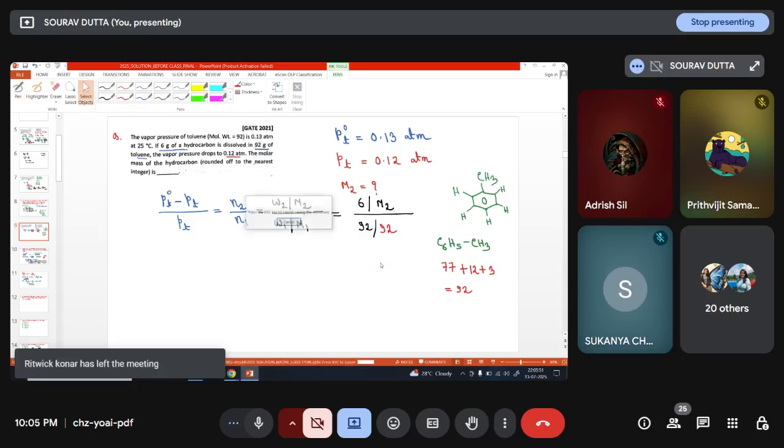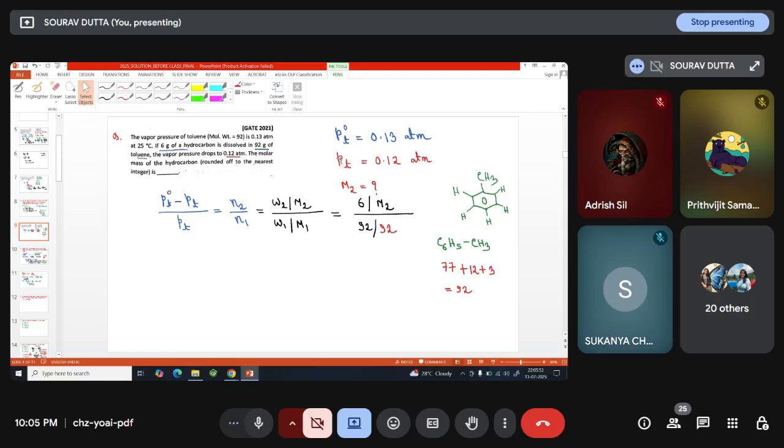Okay, so what is the value of N2? If we represent the units, this is gram and this is molar mass, so gram per mole. So you have to calculate M2. PT is given to you.